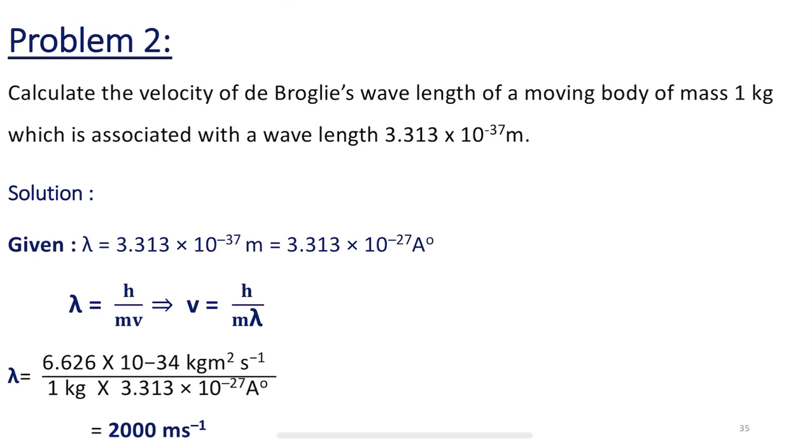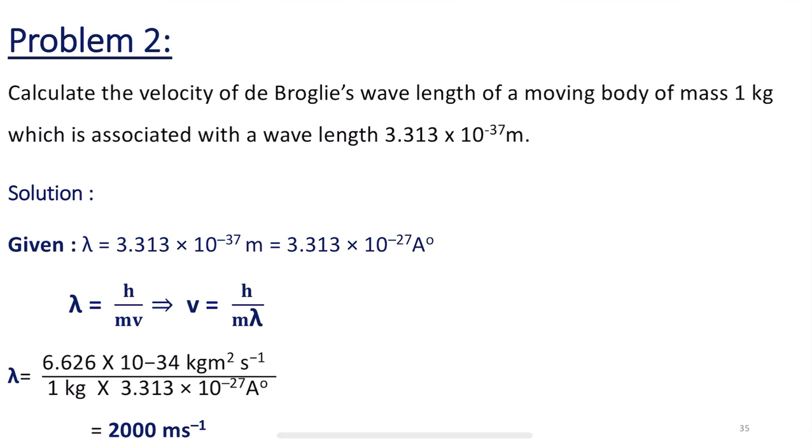Next, the second one: calculate the velocity of a moving body of mass 1 kg, which is associated with the de Broglie wavelength 3.313 into 10 raised to minus 37. Here he has given the wavelength lambda, and also the mass, which is 1 kg.